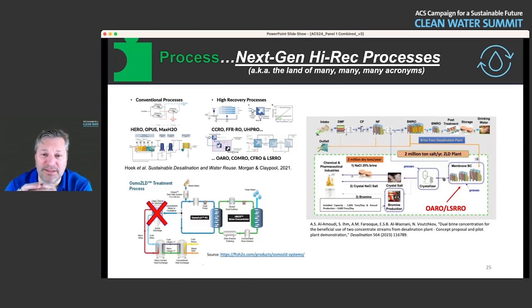And then in terms of processes, and I sometimes title this slide something like the land of acronyms, there are many, many acronyms here that relate to different process configurations that get away from the conventional. If you look in the upper left, high recovery processes can operate simply by running RO membranes at higher pressure, or we can operate RO membranes in such a way that we reduce the osmotic pressure drop across the membrane, either by running a saline solution on the permeate side, which is less salty than the feed, but still saltier than typical RO permeate, and that decreases the osmotic pressure drop across the membrane.